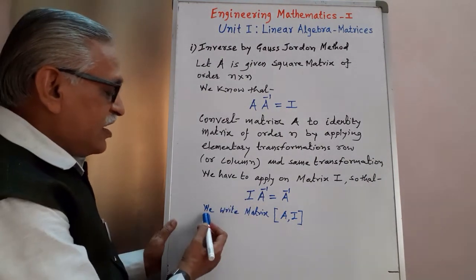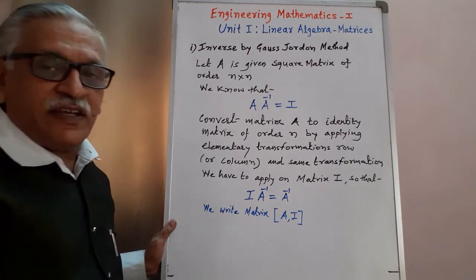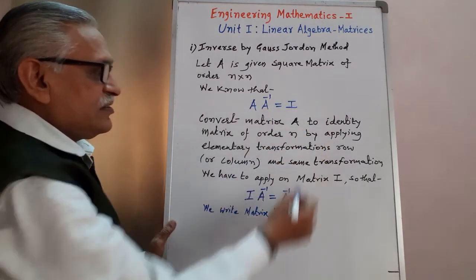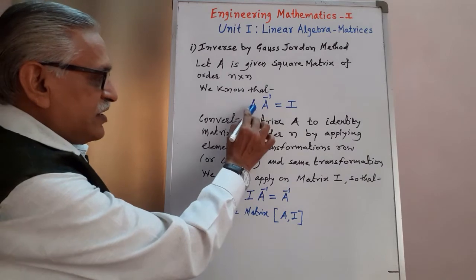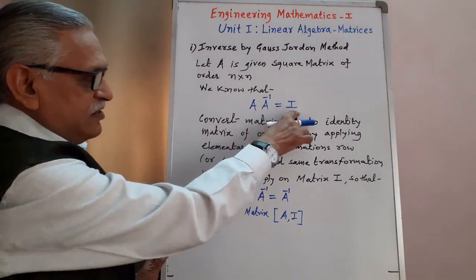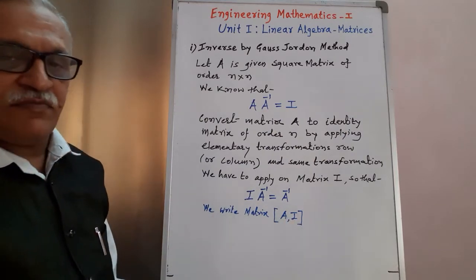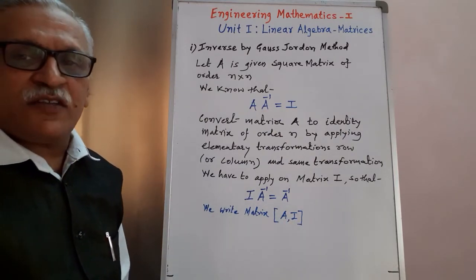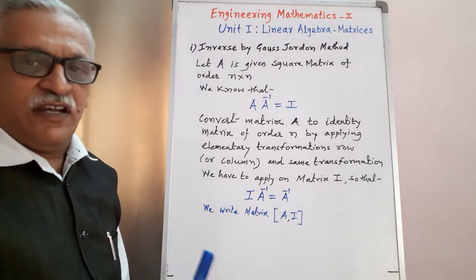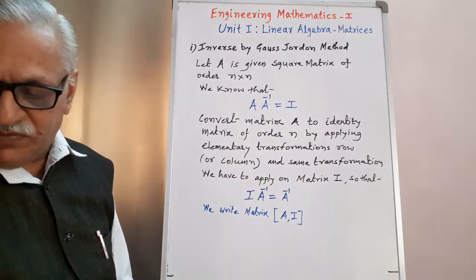And for that, we take a combination of matrix A and matrix I. Instead of writing this way, we have to take a combination of given matrix A with matrix I. I will explain by solving two simple examples how we can obtain the inverse by Gauss Jordan method.